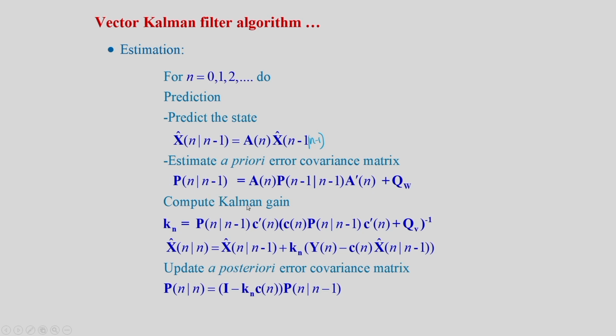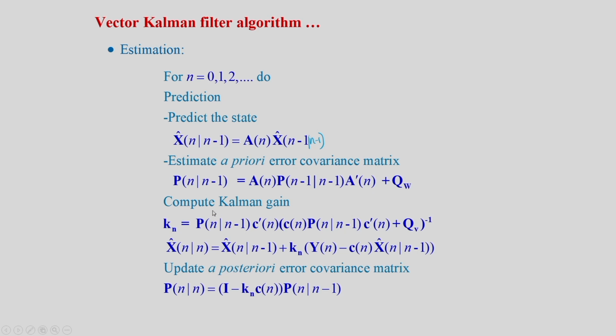Now, we will compute the Kalman gain, that is given by this matrix Kn, that is related to the error covariance matrix P of n given n minus 1 multiplied by C n transpose into inverse of this quantity C n plus P n given n minus 1 into C n transpose plus Q v whole inverse.